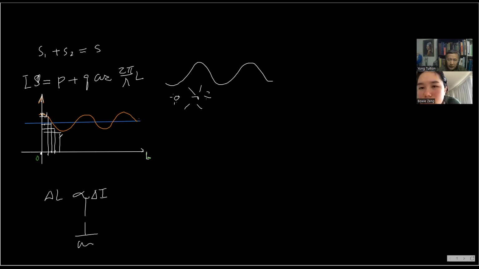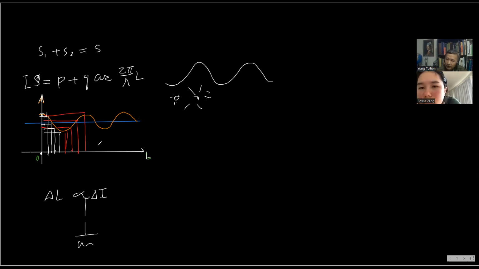However, if the L is larger than this one, I change the color. If the L is larger than this one, we still can measure intensity. Do you agree? But for this red colored one, from this information we can hardly determine the path difference.